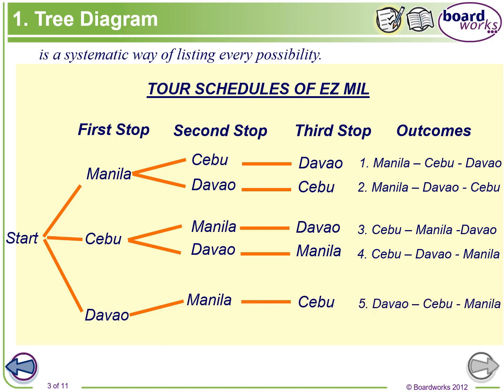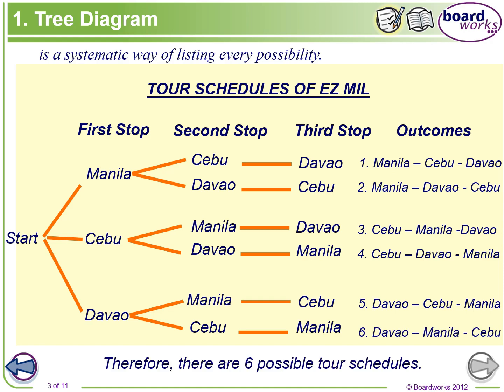So the outcome would be Davao, Manila, Cebu. Or the first stop in Davao, the second stop in Cebu, and the third stop in Manila. So that means there will be 6 possible tour schedules of Ace Millie.